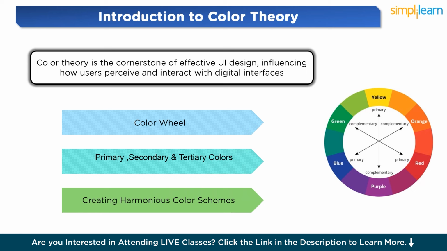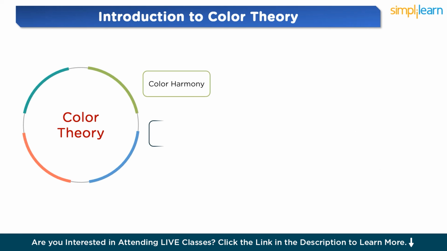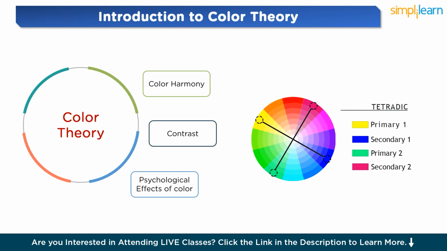Understanding the color wheel is vital for creating harmonious color schemes that resonate with users. Color harmony refers to the pleasing combination of colors in a design, achieved through various schemes such as complementary, analogous, and triadic. These schemes play a crucial role in establishing visual coherence and conveying the intended message or mood of the interface. Contrast, another key aspect of color theory, affects readability and accessibility.